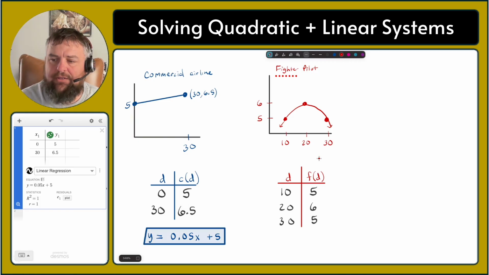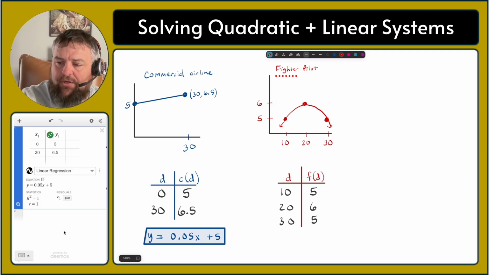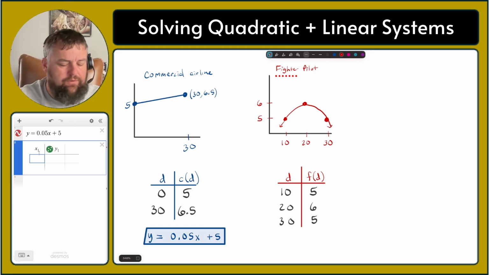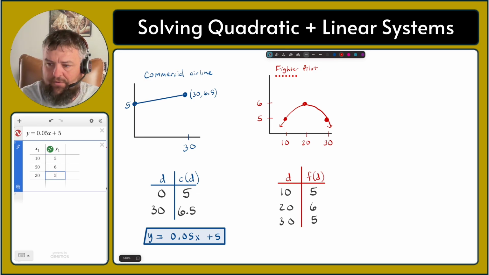And then we're going to get the fighter pilot. But before we do that, let's copy that function into Desmos here. So then we're going to add another table. And this table is going to have (10, 5), (20, 6), and (30, 5). Okay, we're going to add a quadratic regression.